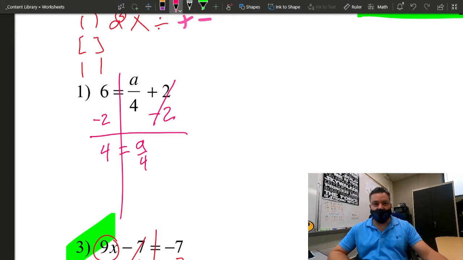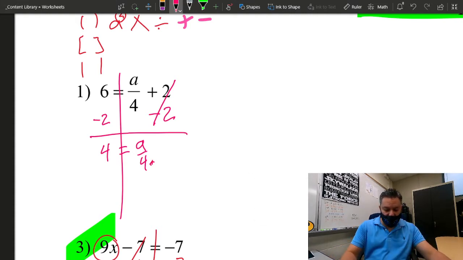I subtracted, so my second step is going to be to multiply or divide, depending on what's happening. In this case, the number that I have to get rid of is right here, the 4. And this sign right here means to divide, so the opposite is multiply. So we're going to multiply this whole thing by what number do you think?